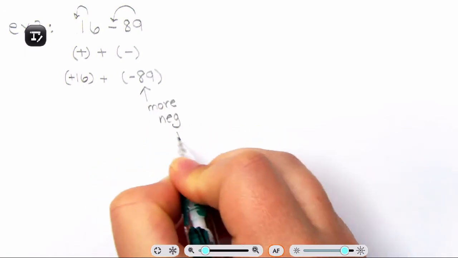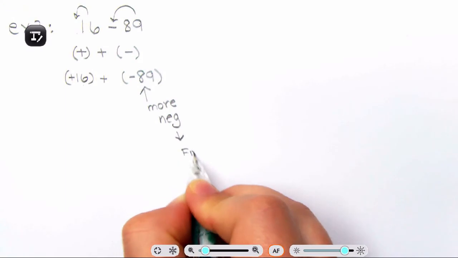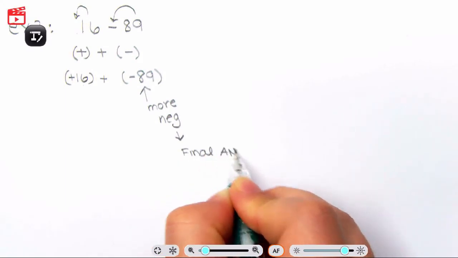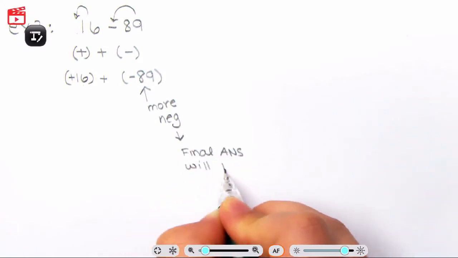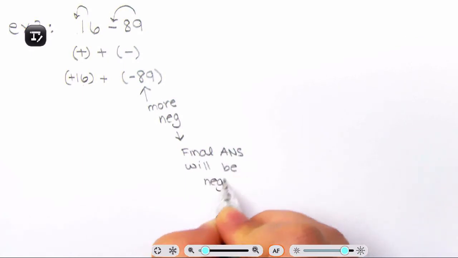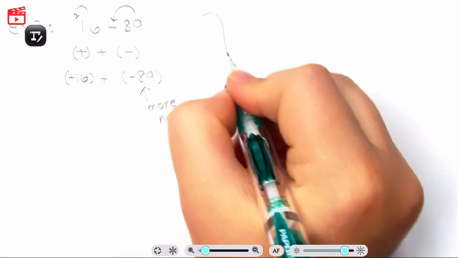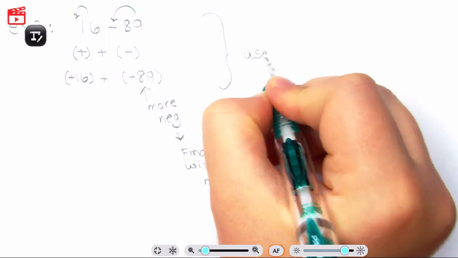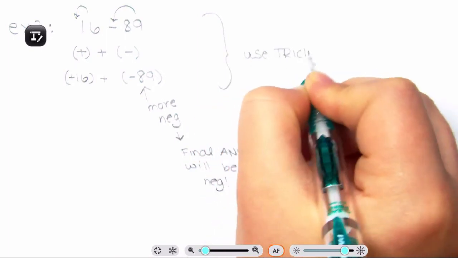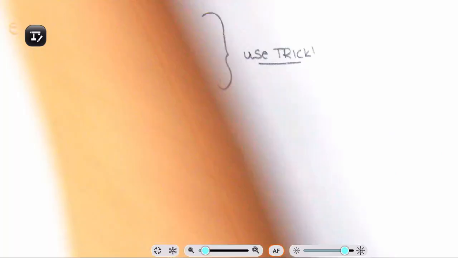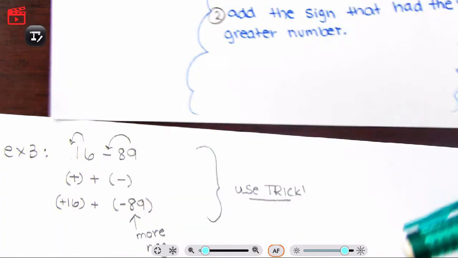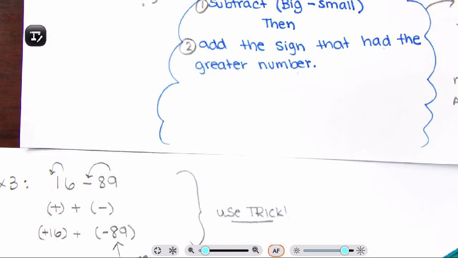So we know our final answer will be negative. So let's use our trick. I'm going to bring that trick right over here so I can see it. What's step number 1?